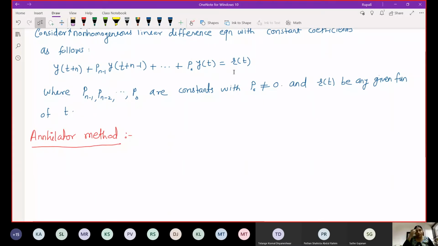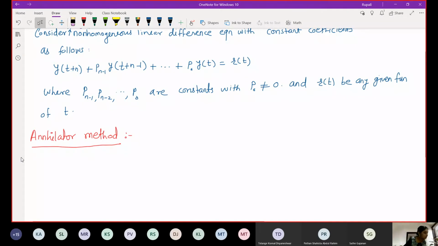Annihilate means if we operate some operator on r t, we will get it as 0. So in annihilator method, we have to annihilate r of t so that we will get homogeneous linear difference equation with constant coefficients, and we know how to solve homogeneous difference equation with constant coefficient. So we will apply the same method whatever we have done previously.